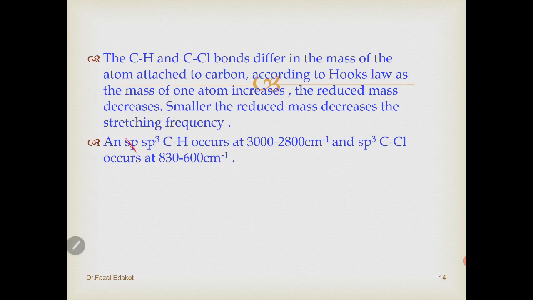This is sp3 C-H. So sp3 C-H has a smaller atom, so the reduced mass is smaller and the stretching frequency is more, whereas for this, the higher the mass of chlorine, the larger the reduced mass.